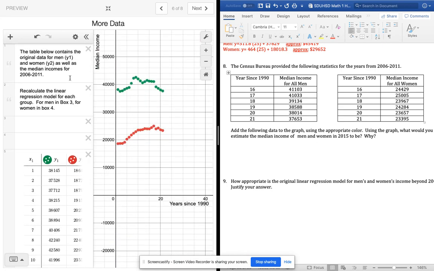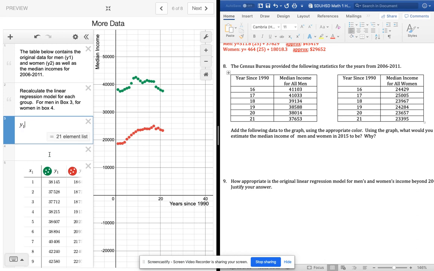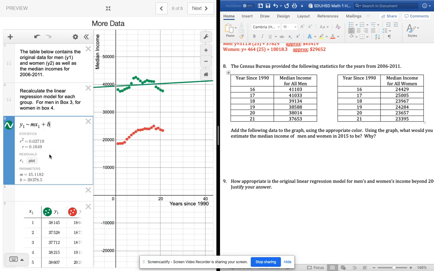And now I want to know what's the new linear regression for all of the data from 1990 all the way to 2011. So I'm going to figure that out for y sub 1. So y sub 1 equals m x sub 1 plus b. Now I have a new linear regression model.